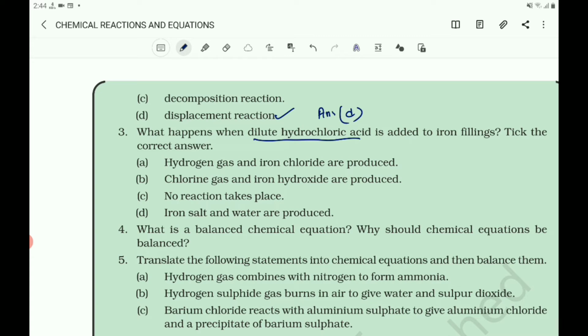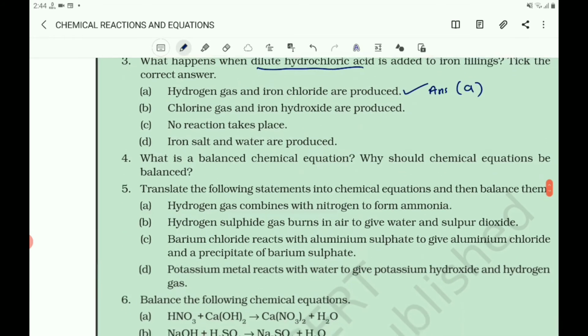Here, hydrogen gas and iron chloride are produced, and the answer is option A. Dilute hydrochloric acid reacts with iron filings to produce hydrogen gas and iron chloride.